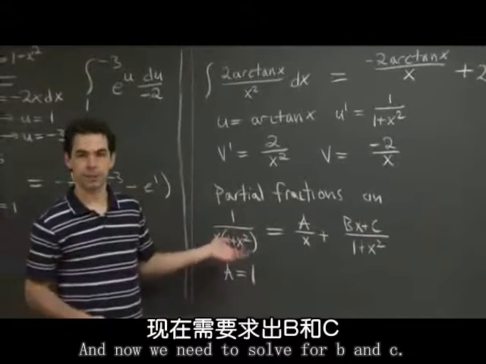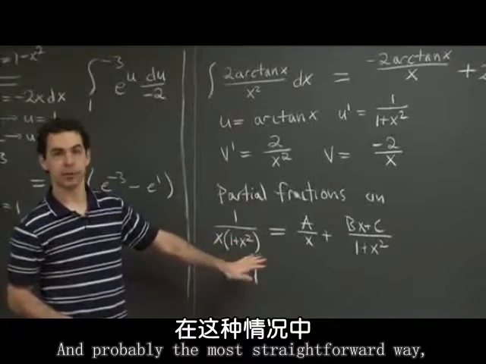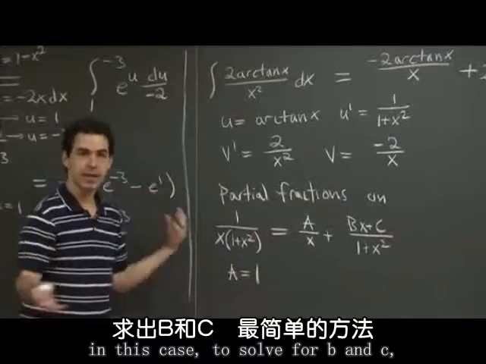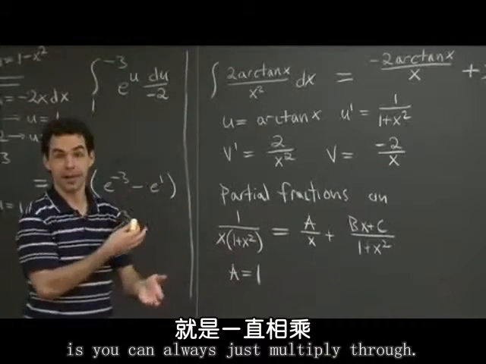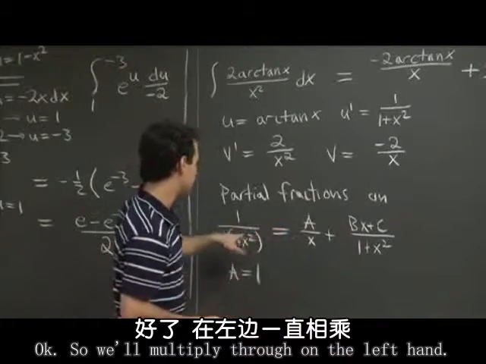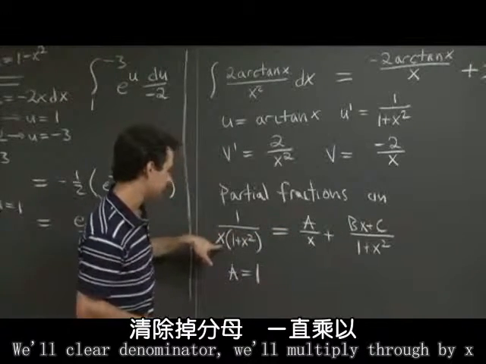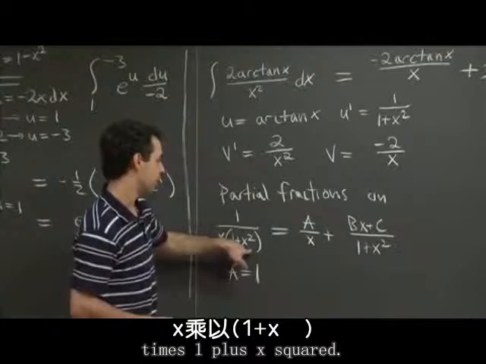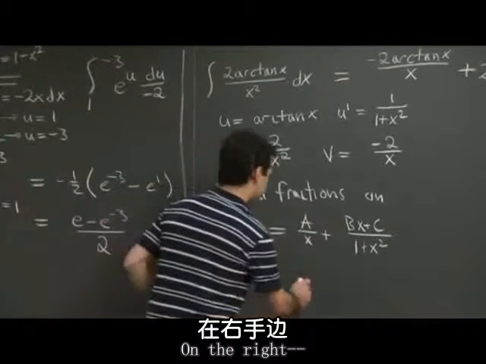And now we need to solve for B and C. Probably the most straightforward way in this case is, as you can always do, just multiply through. We'll clear denominators. We'll multiply through by x times 1 plus x squared. So on the left, we'll get just 1.